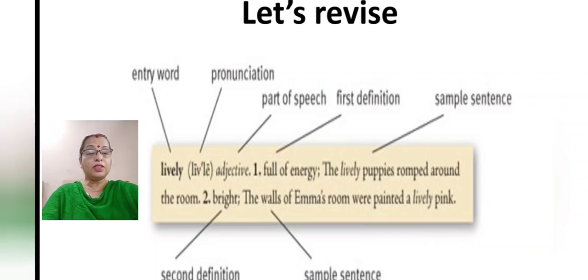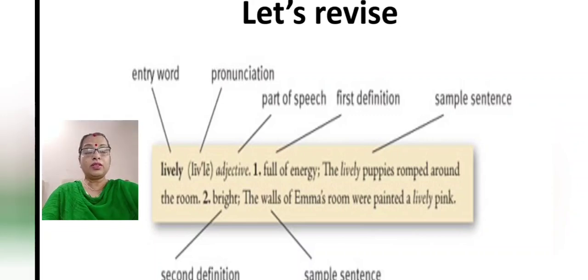That means it tells you how to pronounce the word. Lively. So live is stressed. And here you will find that the pronunciation is within brackets. In the earlier picture we saw it within slashes. So in some dictionaries it will be within slashes or within brackets.